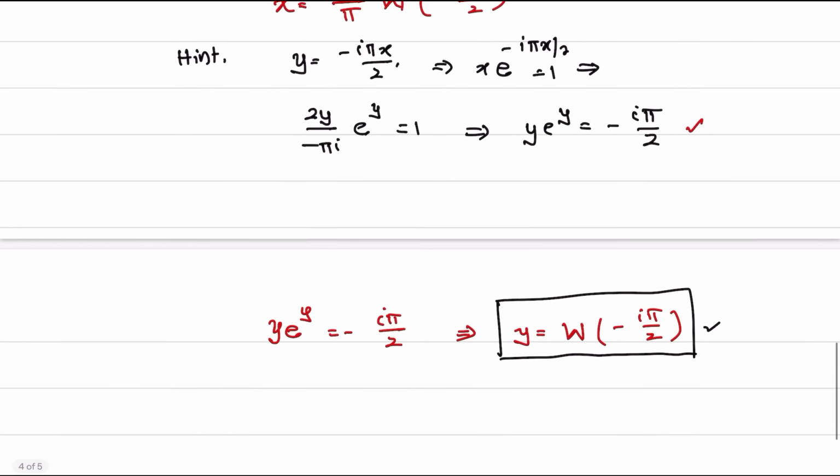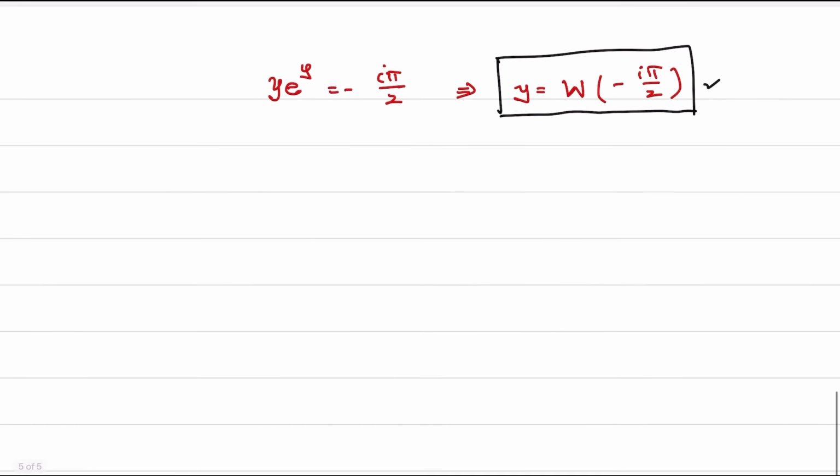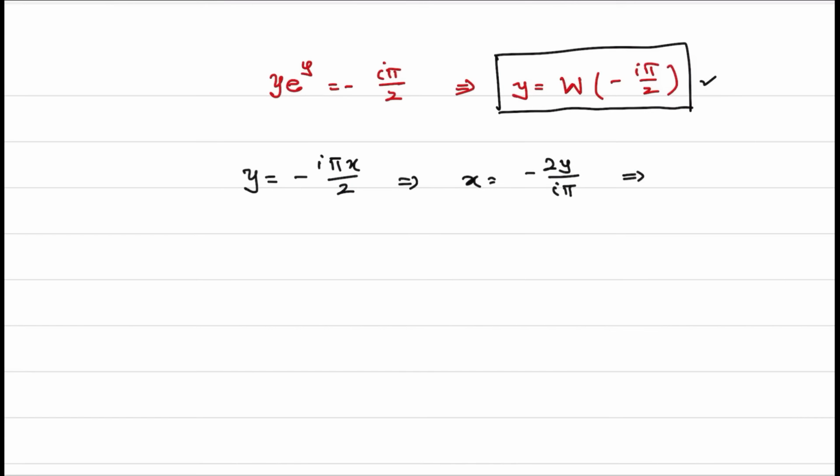That implies x is equal to minus 2y by i pi. Dividing numerator and denominator by i, you will get x is equal to minus 2i y by i square pi, that is equal to 2i y by pi.